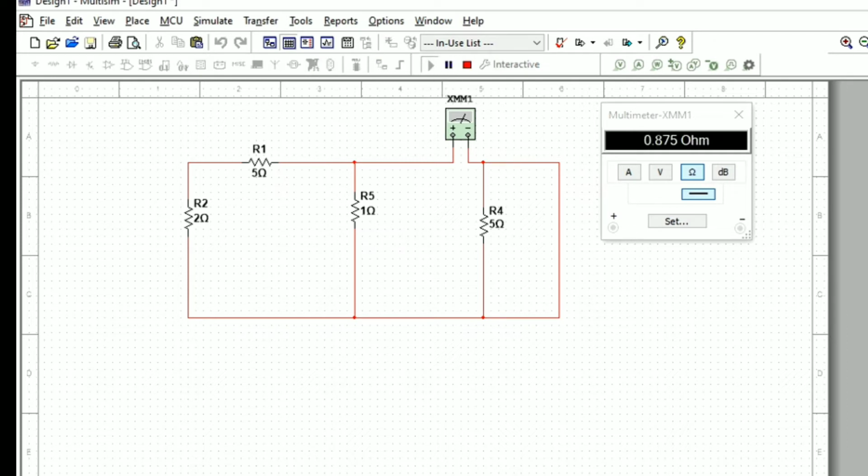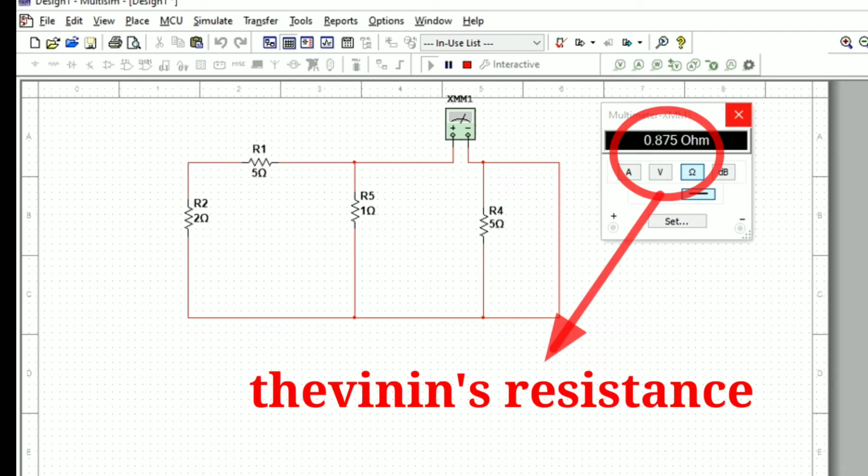That will be calculated as 0.7875 ohms. So this is called Thevenin's resistance.